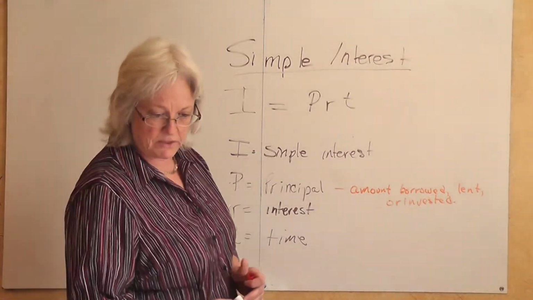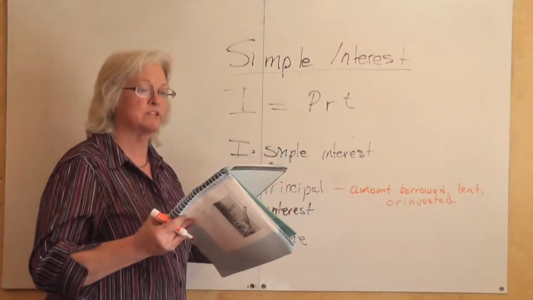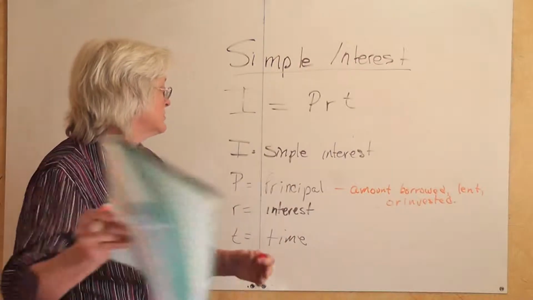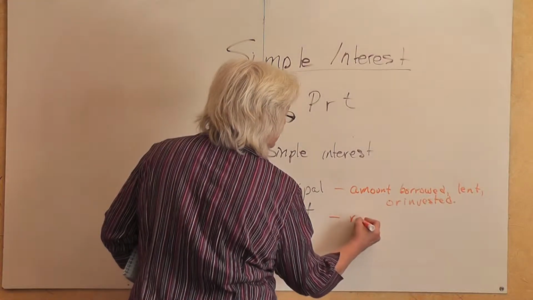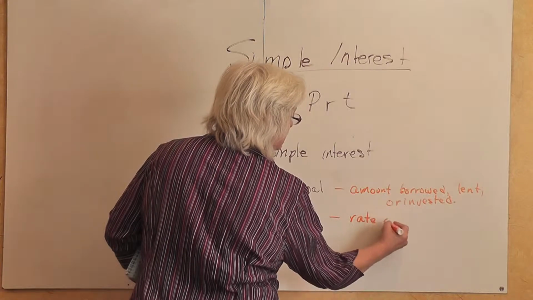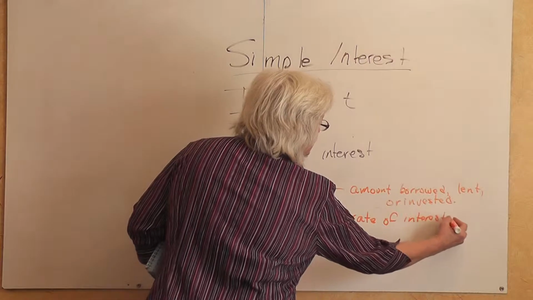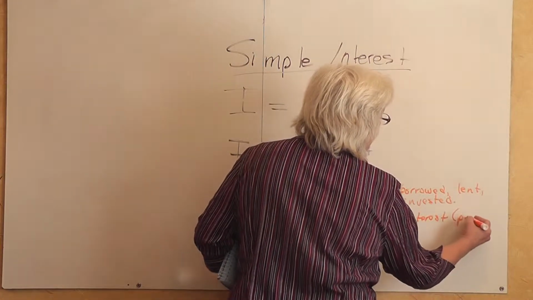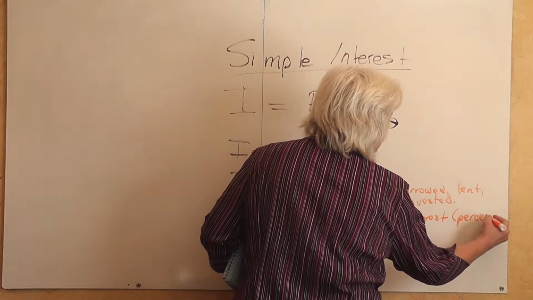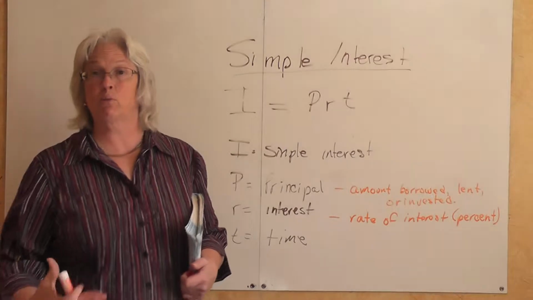Rate is defined to be simply the rate of interest. And this is always going to be a percent. When a lot of these books were published, the older ones, they would talk about 8% interest or 10% interest or 7% interest.